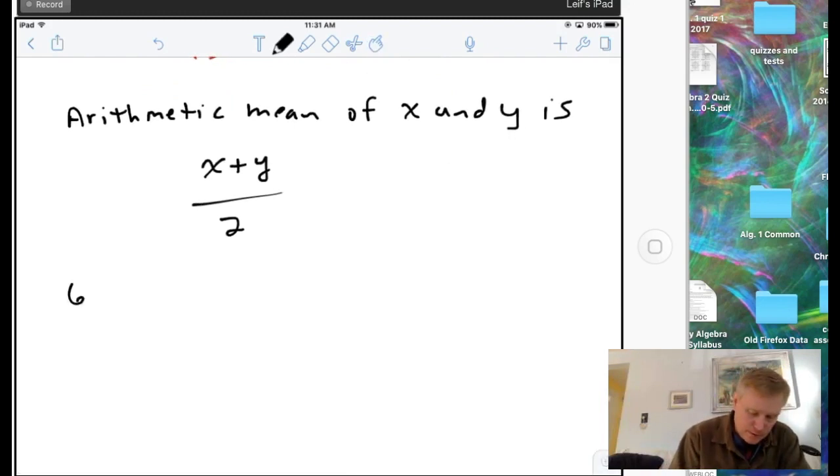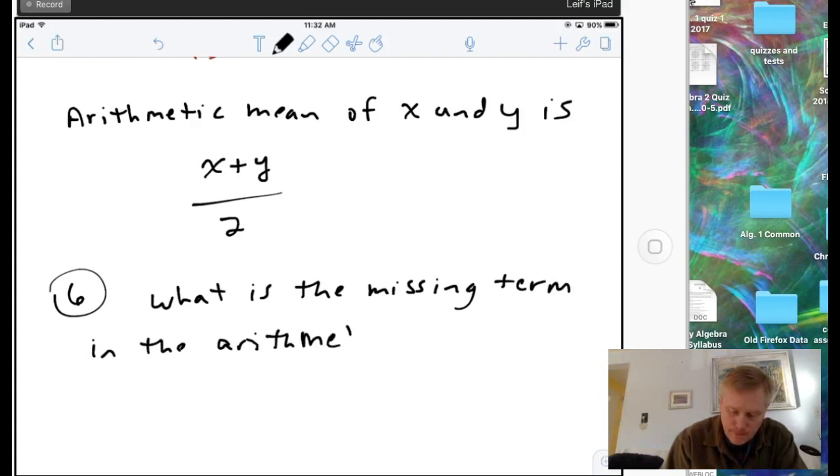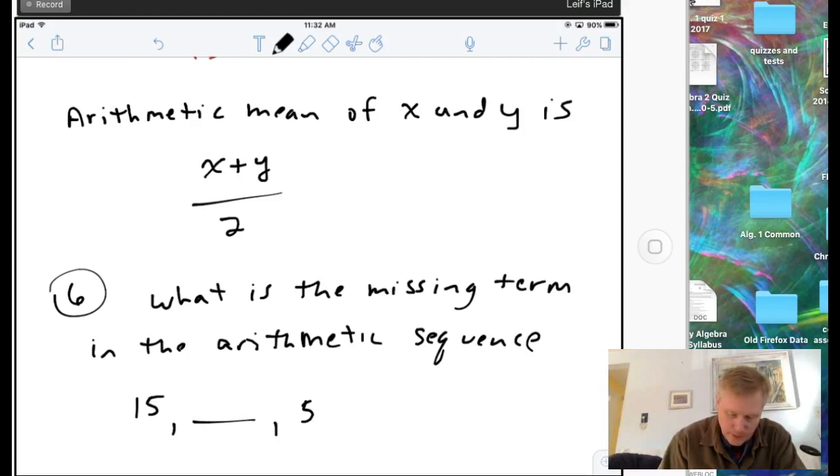Which means if I have a question where, what is the missing term in the arithmetic sequence, 15, blank, 59.